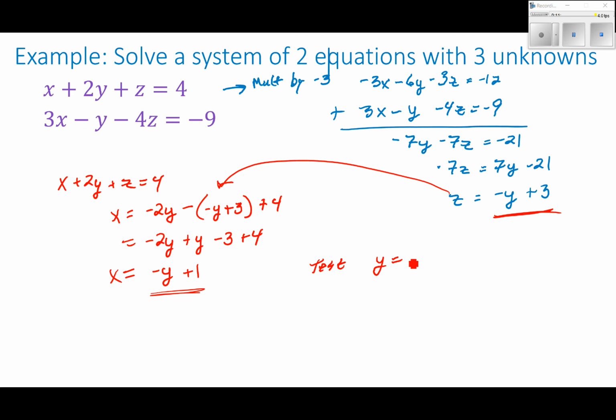If we chose y to equal 1, then x is going to be negative 1 plus 1 to get 0. z is going to be negative 1 plus 3 to get 2. So this would give us a solution. Our x we found was 0. Our y we chose was 1. And our z we end up with 2.